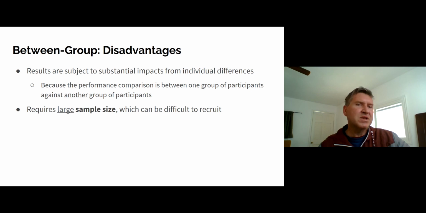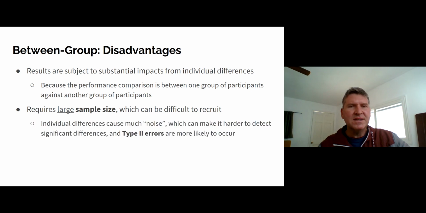It requires a much larger sample size, which can be difficult to recruit. In HCI studies, these are particularly difficult because it's hard to get participants to do certain kinds of studies. Individual differences can cause more noise.